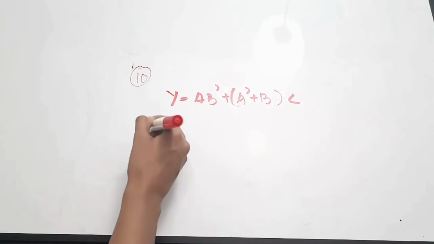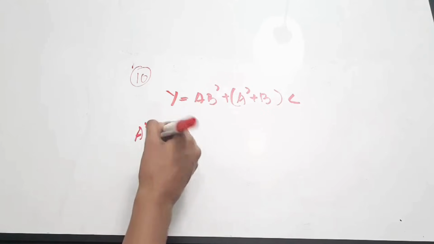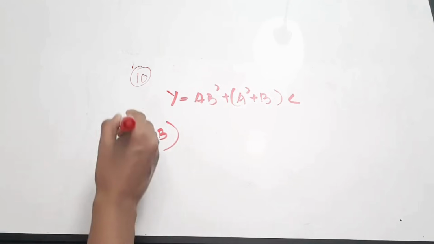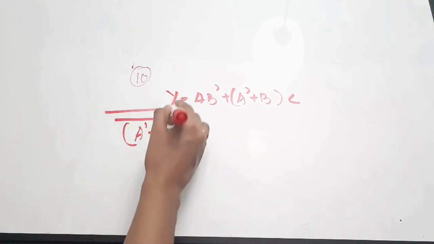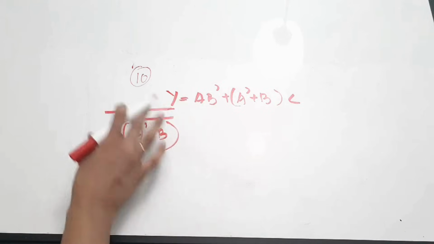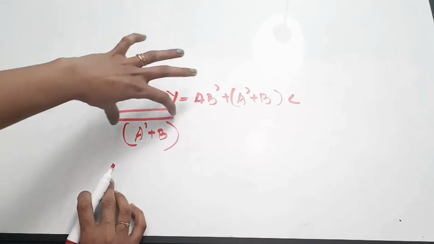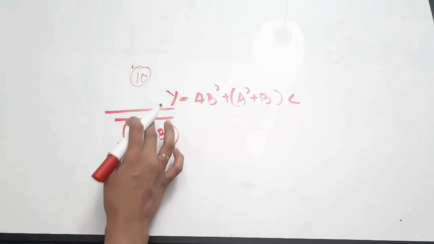So if you apply it to A complement plus B, I'm going to apply a double complement, so that it gets nullified, right? We'll take the upper complement as it is and perform De Morgan's on the lower complement.